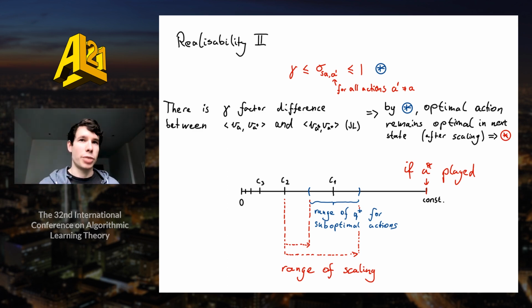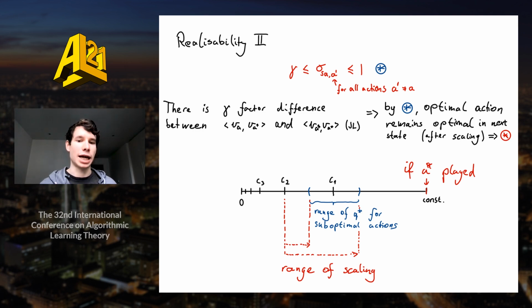If we pick action A star, then we see the maximal inner product, and then we observe this constant reward. However, if we pick any other action, then this inner product, because of the Johnson-Lindenstrauss Lemma, will be a gamma factor lower. So it will correspond to this blue range of possible Q stars.